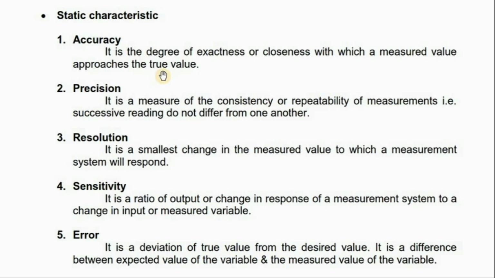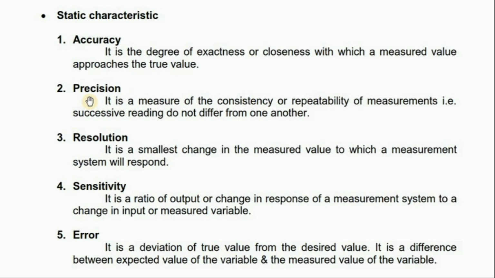How closely the measured value is near the true value, that closeness or exactness, is the accuracy. Every instrument should have high accuracy, meaning the value shown should be very close to the actual or true value of the unknown parameter. That is accuracy.